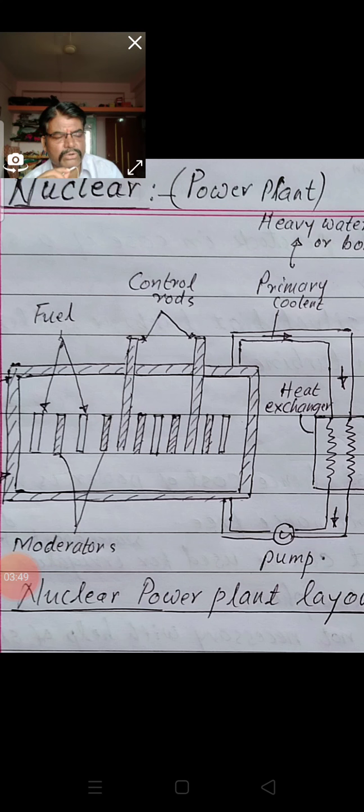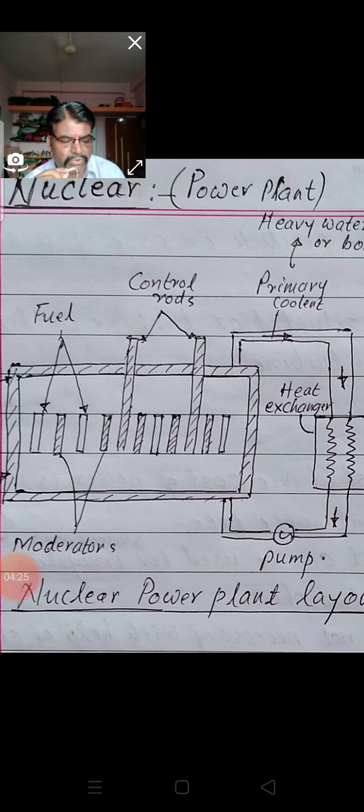The control rods, after insertion, absorb more neutrons and slow down the reaction. Thus, by shifting the control rods manually or automatically, the power of the reactor can be controlled. This is the main function of the control rod.